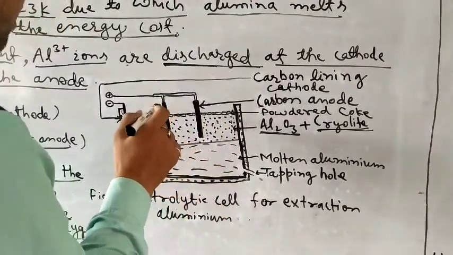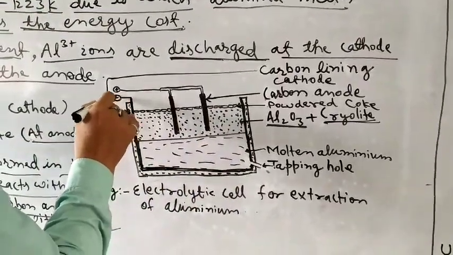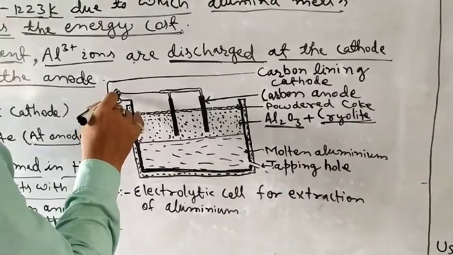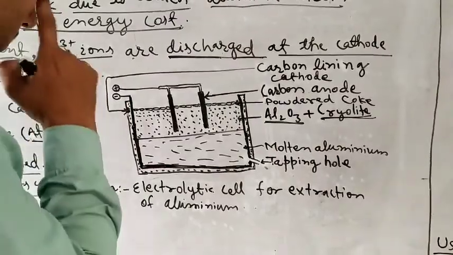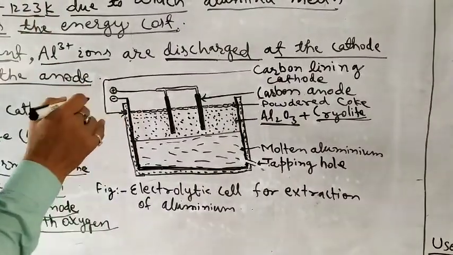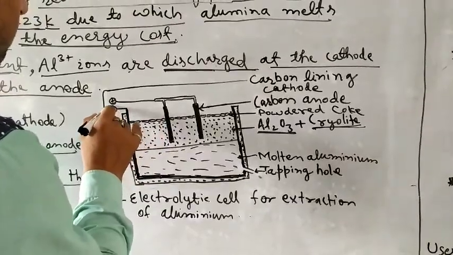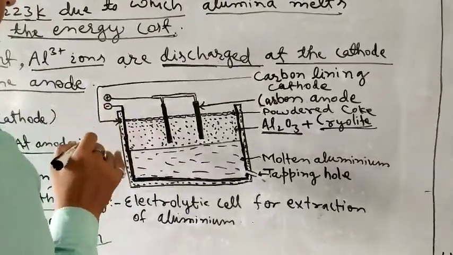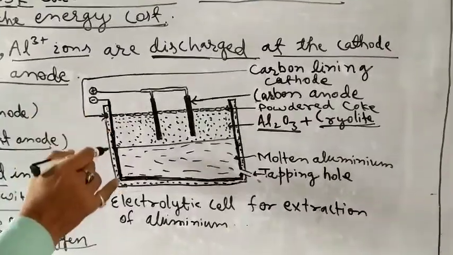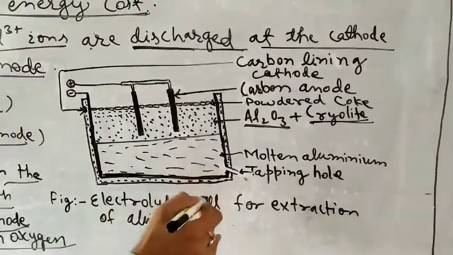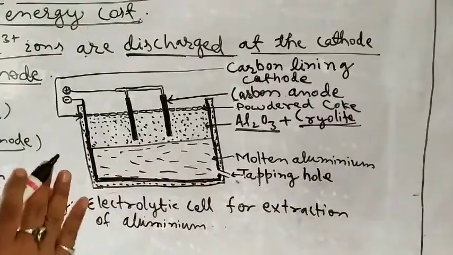So in this process, oxygen is liberated at the anode and aluminium is liberated at the cathode. That is pure aluminium at the bottom in this setup.